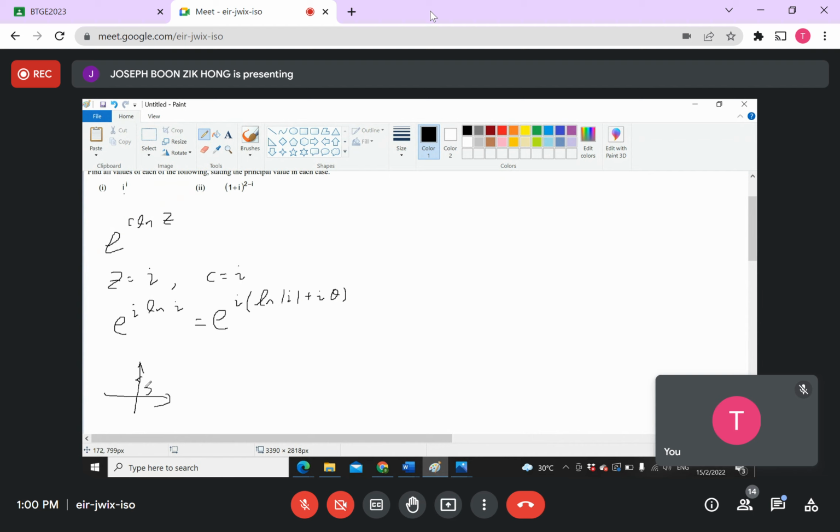So from here to here is pi over 2. So now you will have e to the power of i, i only, that means the magnitude is 1. So ln 1 will be 0. So 0 plus i theta. So i theta is what? Pi over 2. And don't forget to plus 2k pi.